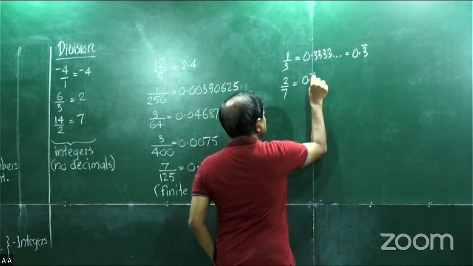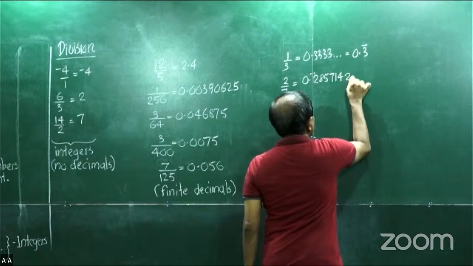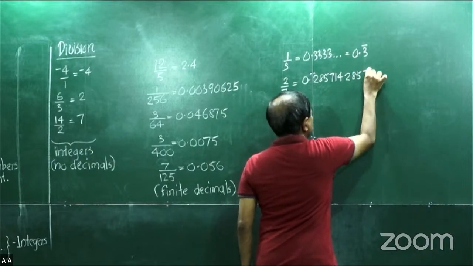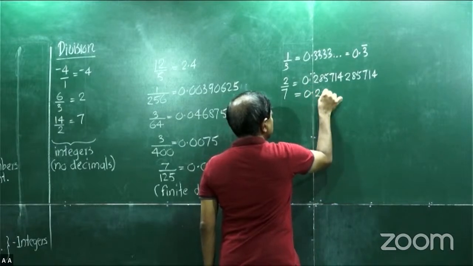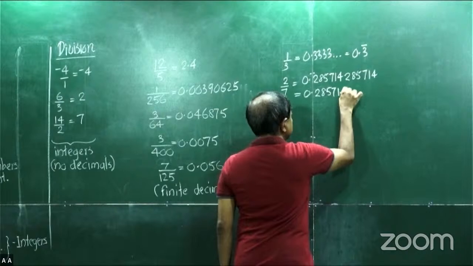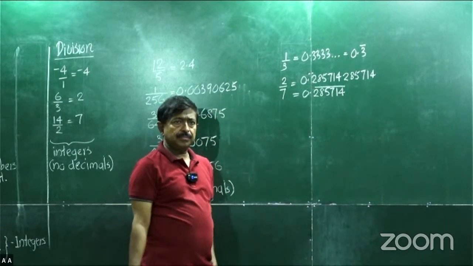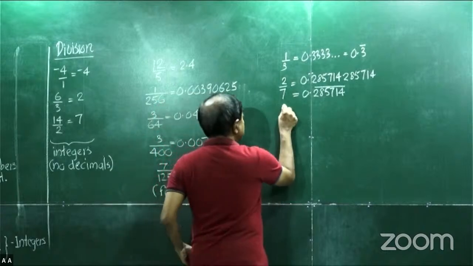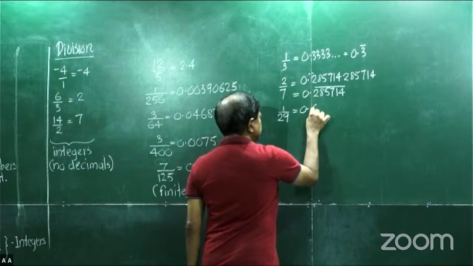Then 2/7. You can write this with the largest repeating chunk marked like this. So this is a longer one compared to the previous one.